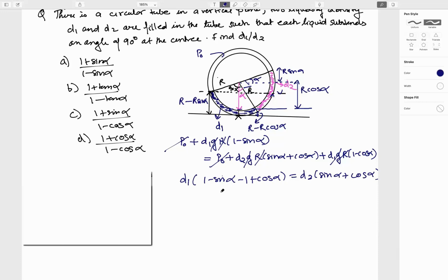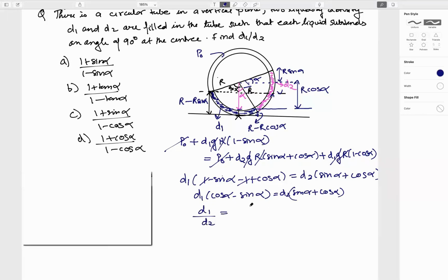Okay. So D1, this will cancel out. So cos alpha minus sin alpha, D1 times cos alpha minus sin alpha is equal to D2 times sin alpha plus cos alpha. So we need to calculate D1 by D2.